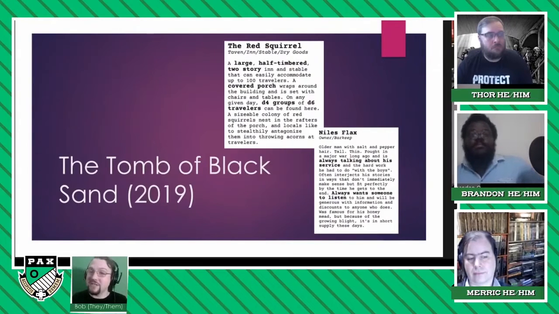They have a bunch of different ways, but the most direct way, or the way that's relevant to our discussions, is Niles Flax. He's a barkeep in a very small town, and he has two facts about him. Number one, he likes to talk to people. And number two, he's got some problems because the forest has been experiencing a blight.